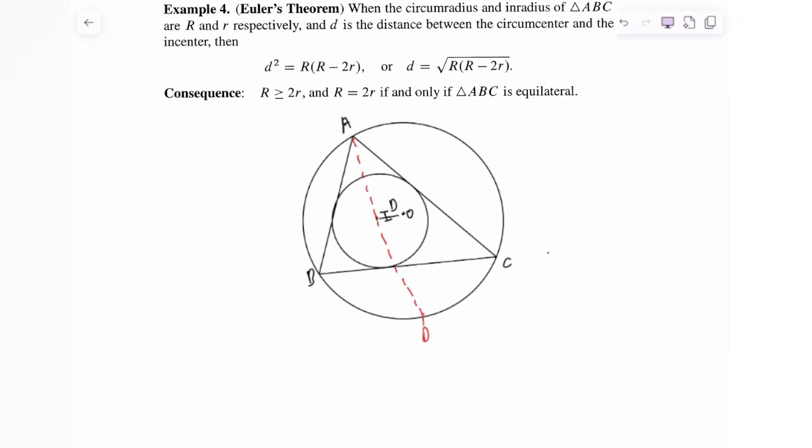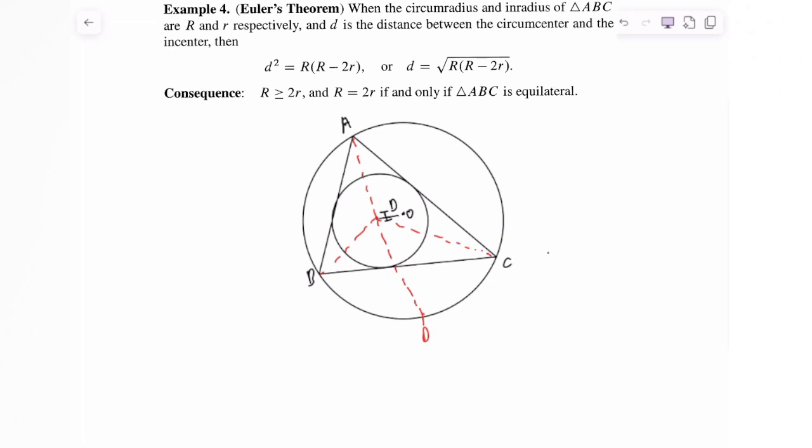This point will touch at D, where D is the midpoint of arc BC, based on the definition of what an incenter does. Okay, so this line, note that all this bisects ABC.